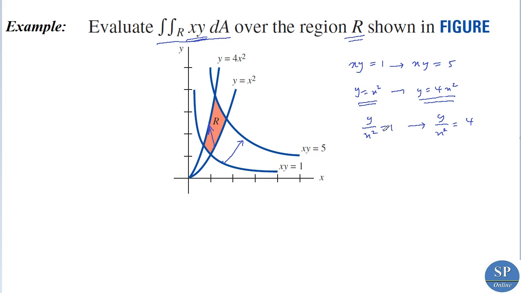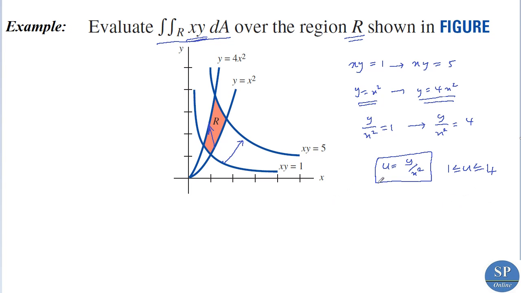So if we change the variables, replacing u equal to y by x square as one of the changes of variables, then y by x square varies from 1 to 4, therefore u varies from 1 to 4, that is 1 less than or equal to u less than or equal to 4.